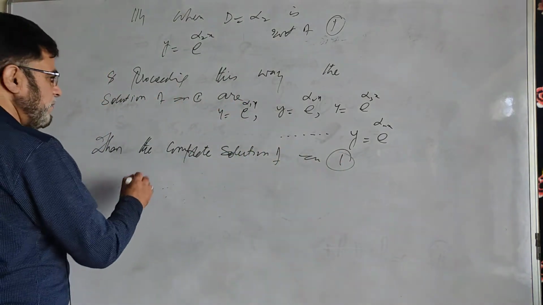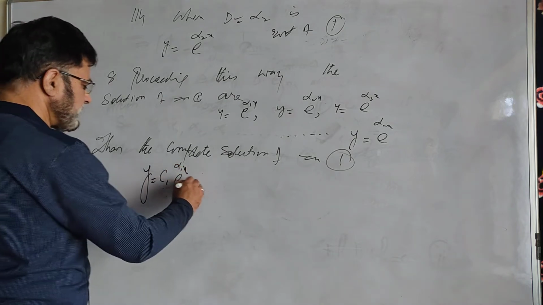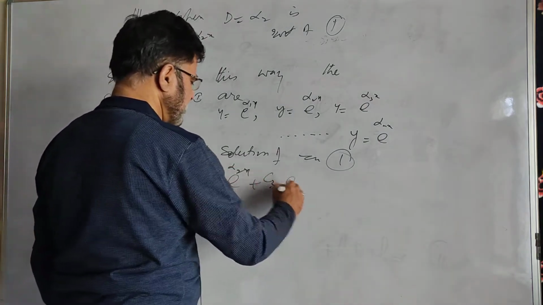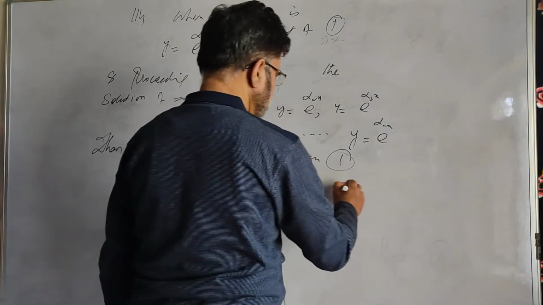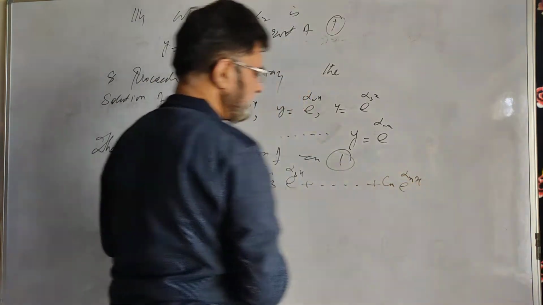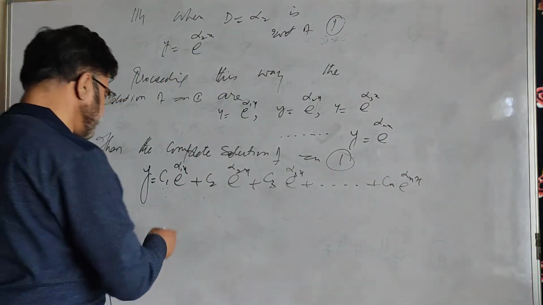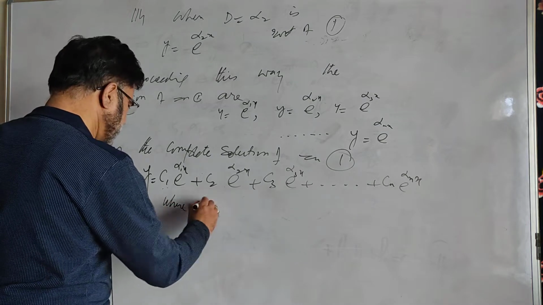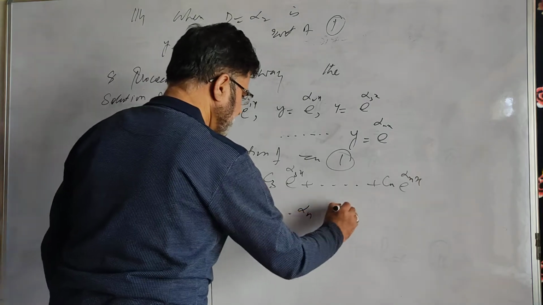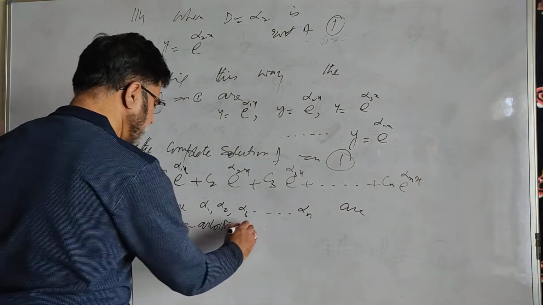It is y is equal to c1 e raised power alpha 1x plus c2 e raised power alpha 2x plus c3 e raised power alpha 3x plus so on to cn e raised power alpha nx, where c1, c2, c3, cn are n arbitrary constants.